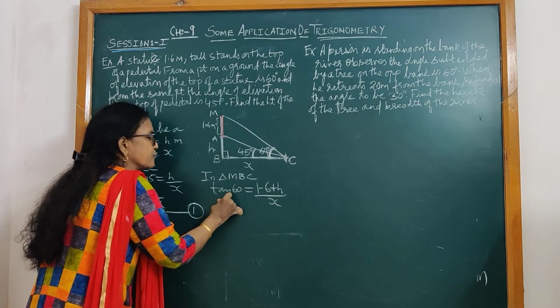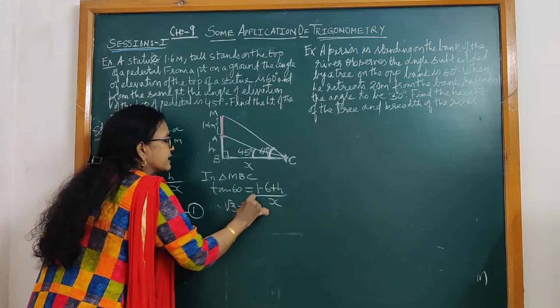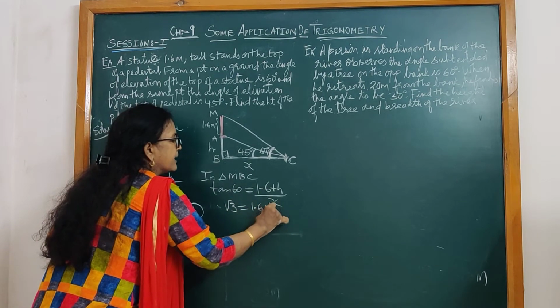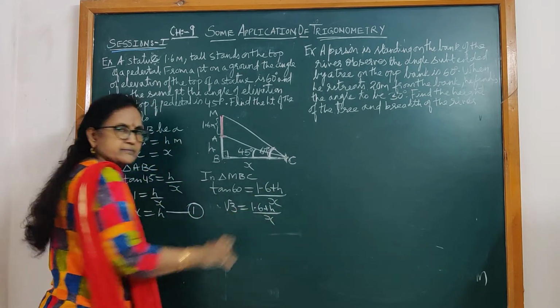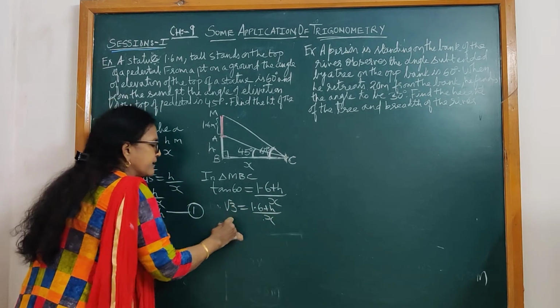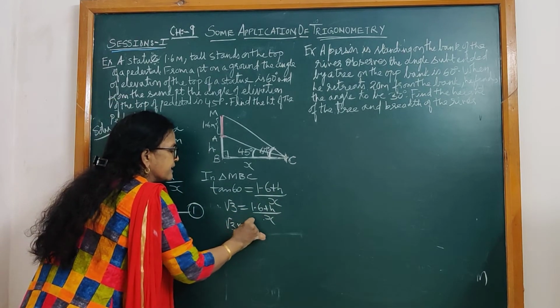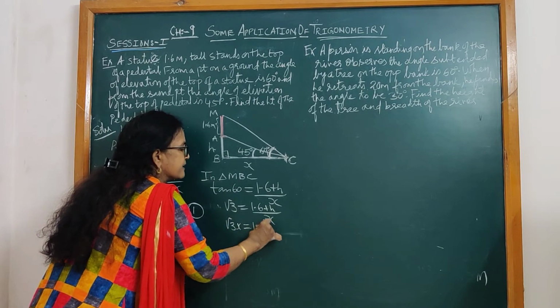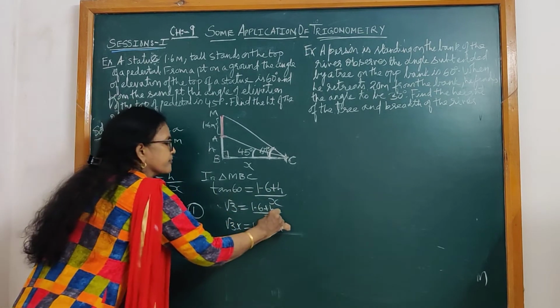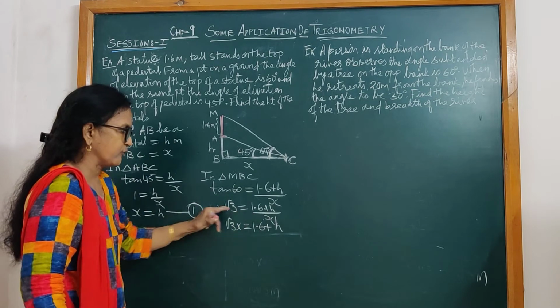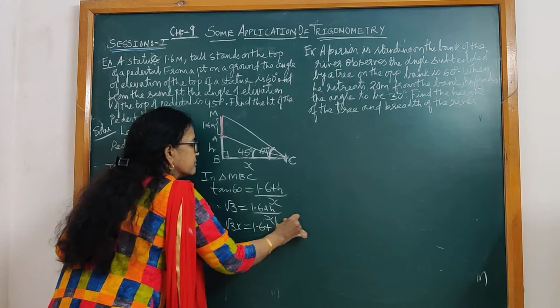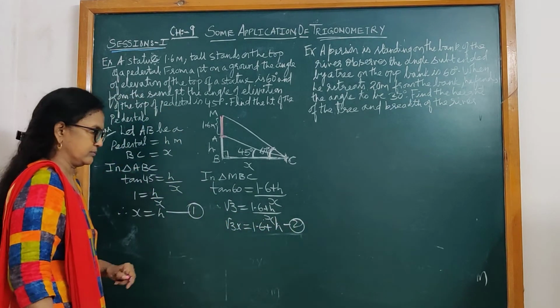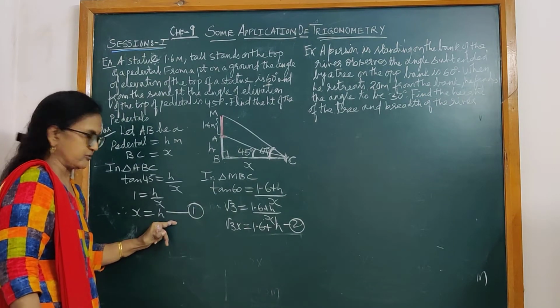Tan 60 is root 3. Root 3 is equal to 1.6 plus h upon x. Cross multiply. Root 3x is equal to 1.6 plus h. We have cross multiplied. Give it as 2.